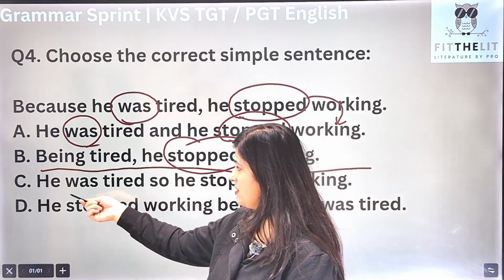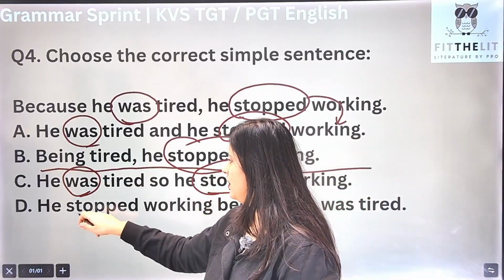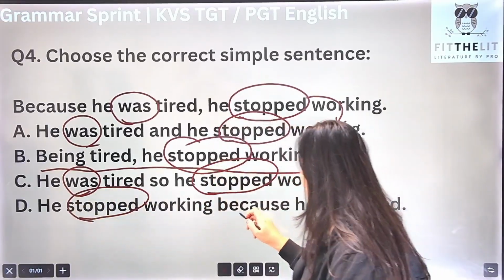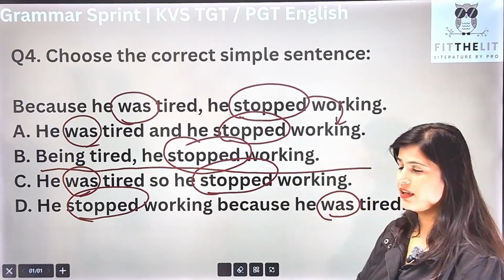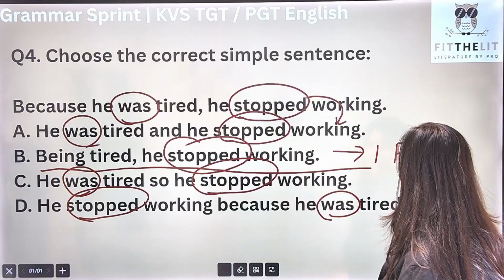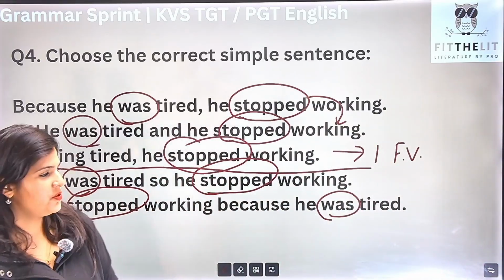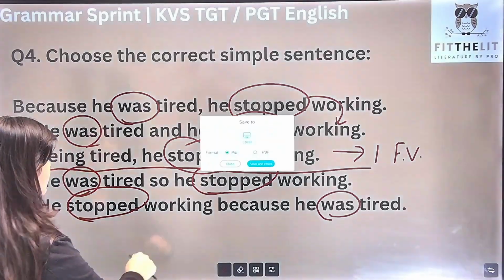What about this particular sentence? Again, was and stopped finite verbs. Again, stopped working because he was tired. So there is only one option which has one finite verb, and that is option number B. Right? Option B. So that is the correct answer.